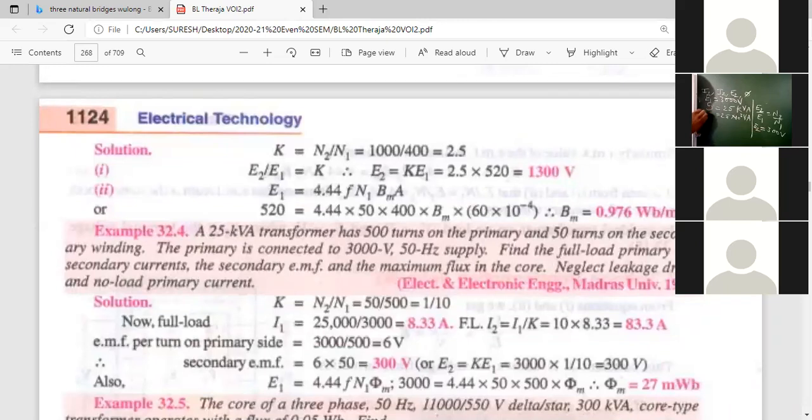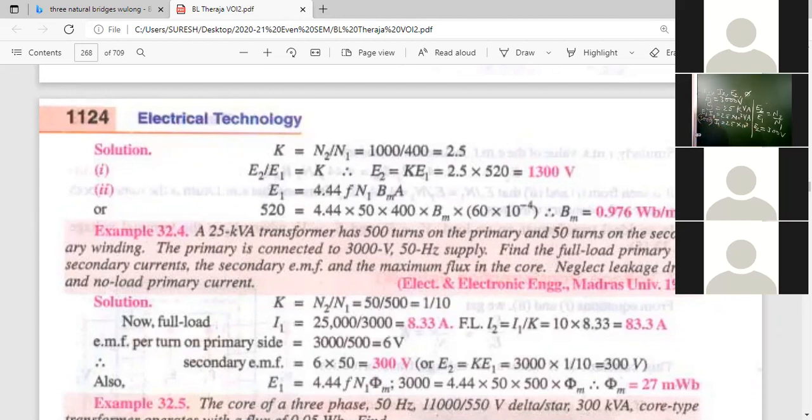Now S is equal to E1 into I1. We know E1, I1 we don't know, and S is 25 into 10 cube.